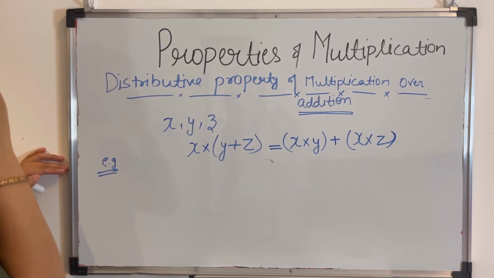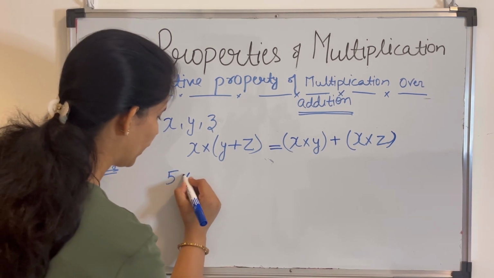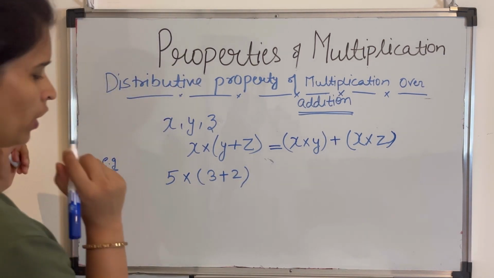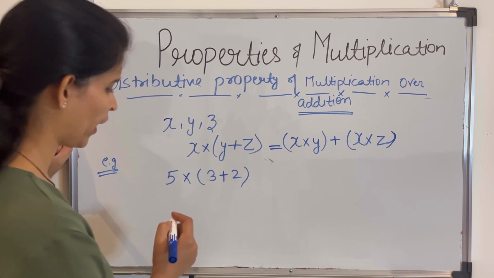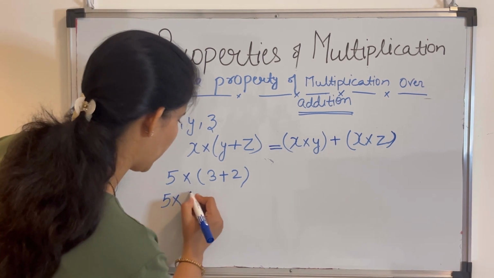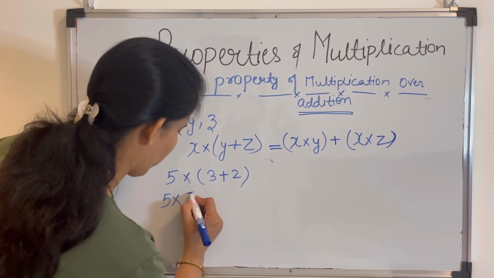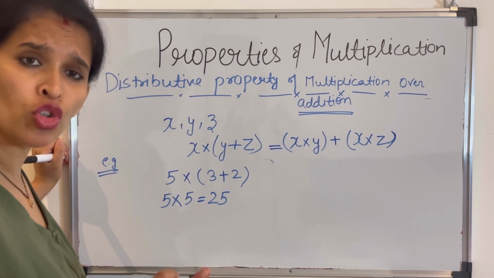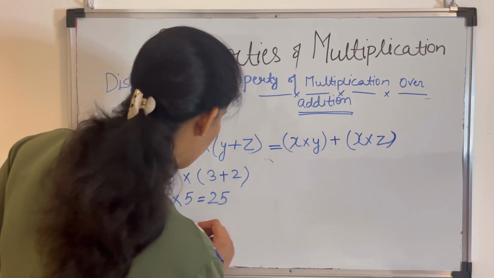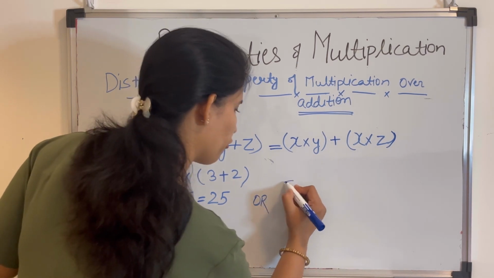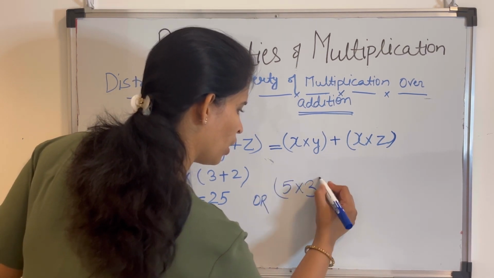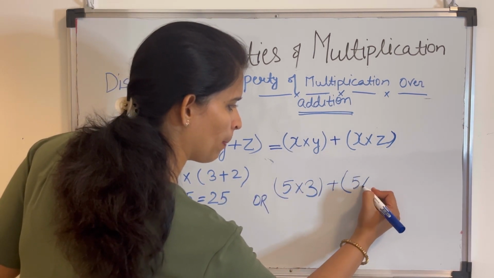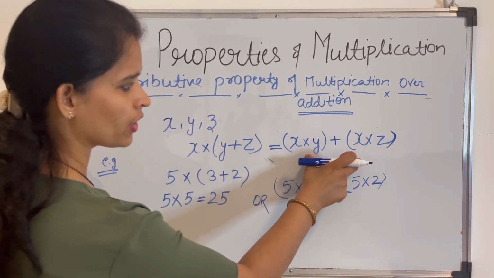Suppose I have the example 5 multiplied by 3 plus 2. This is the question I have. If I want to solve it simply, I first solve my bracket. 3 plus 2 is 5, which means 25. But if the problem asks me to solve through the distributive property, then we solve 5 multiplied by 3 plus 5 multiplied by 2, as this property states.